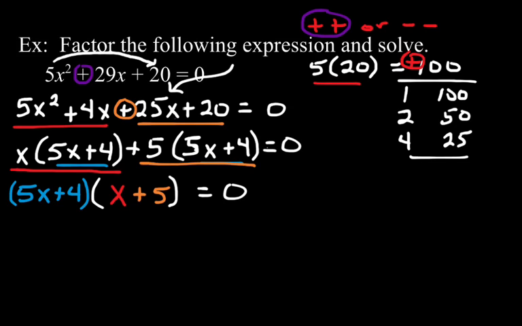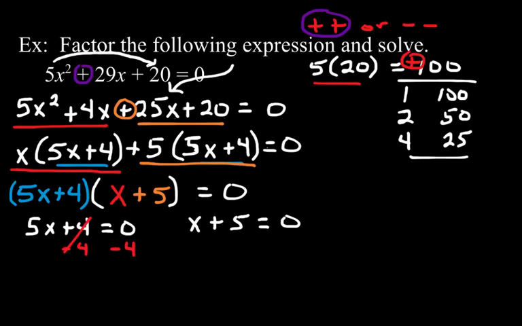Now remember, with this one, this is an equation. This is equal 0. We're not done yet. But what we're going to do then is we take each factor, 5x plus 4, set it equal to 0, and also the x plus 5, set it equal to 0. So for the first one, we're going to have to subtract 4 from both sides to cancel out that plus 4.